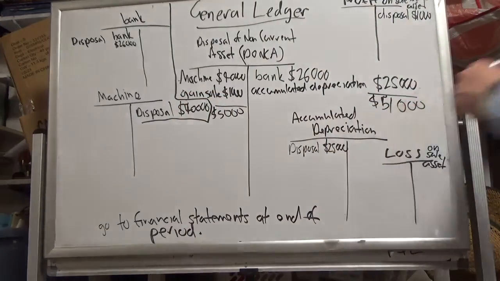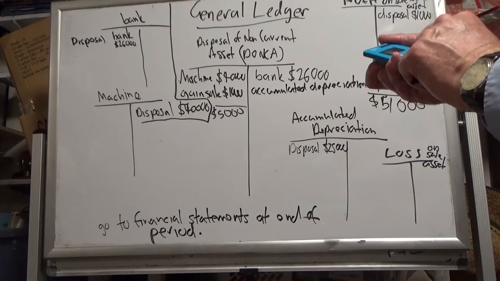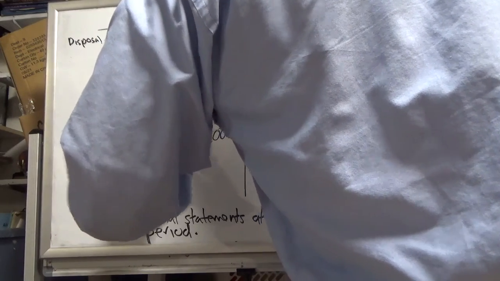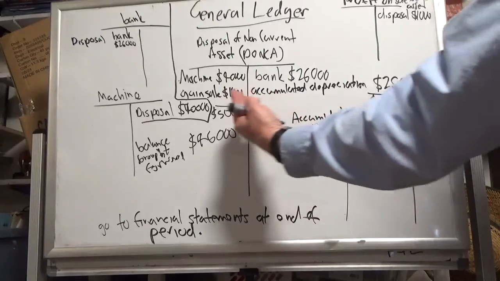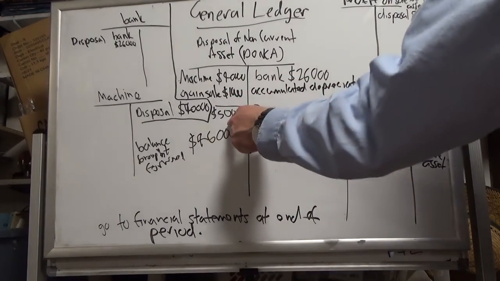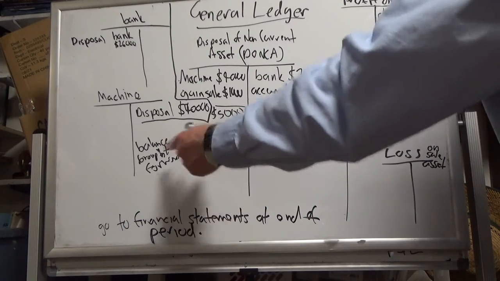And then the difference between 51,000 minus 5,000 gives you 46,000. So this 46,000 becomes balance brought forward. That missing figure, 46,000, because the debits and credits were unequal, that's 51,000, that's 5,000, the difference is 46,000, that's balance brought forward.